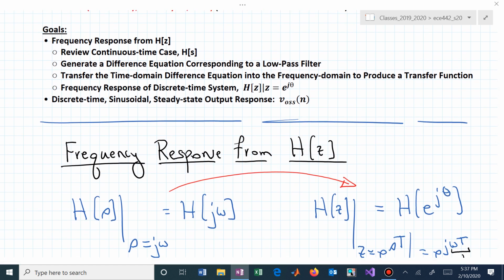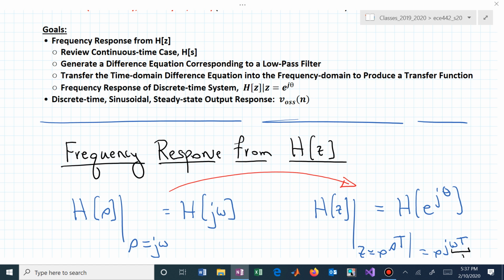Today, to finish up material prior to exam number 1, we want to talk about frequency response, and we'll try to make the connection with the continuous time case. Here are the steps. That H of z, with that vertical line, typically I would have the z format a little bit lower.